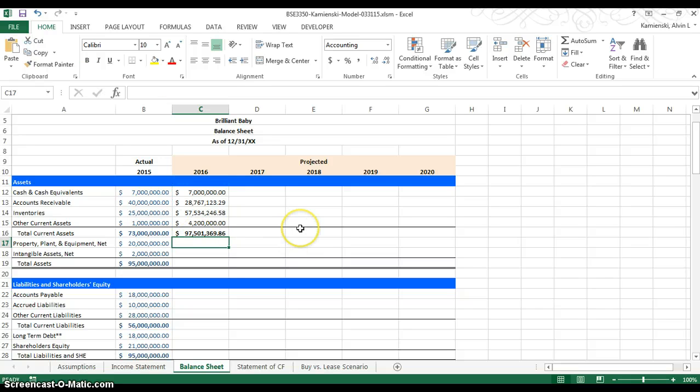Property, plant, and equipment is going to be a little bit different. What we're going to do is take a look at all the factors involved in capital expenditures in addition to depreciation. So watch carefully. It's going to be equals the previous year.